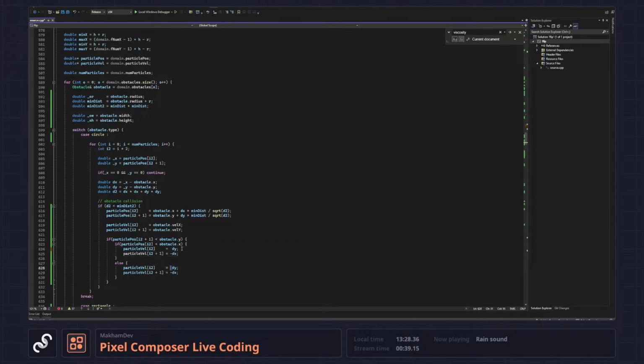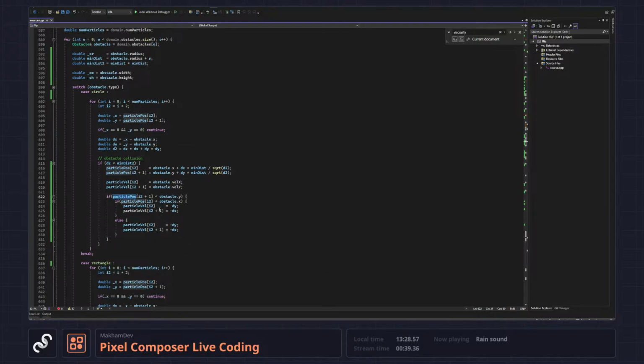The dx here is negative. You go down, dx here has to be positive, so negative dx. Okay, that should be correct.